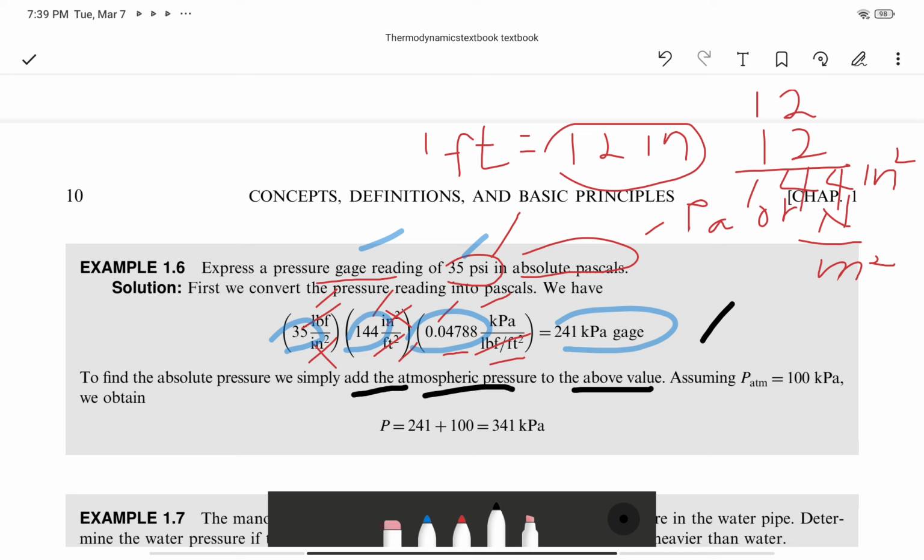Let's write down here: pressure in absolute, plus 241 kilopascal in gauge, plus we assume that we have 100 kPa as our atmospheric pressure. So we add 100 here, 241 plus 100, you will have 341 kilopascal.